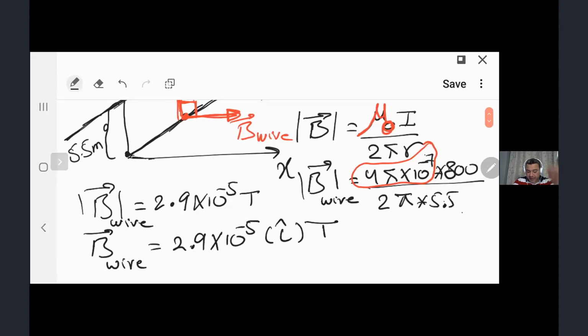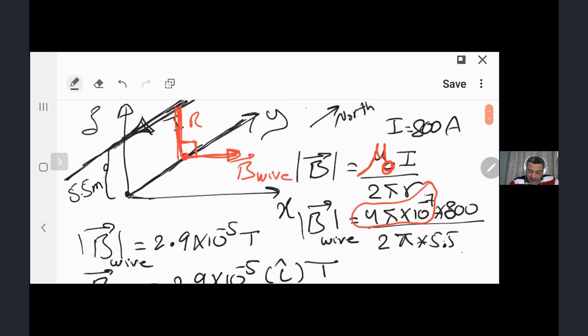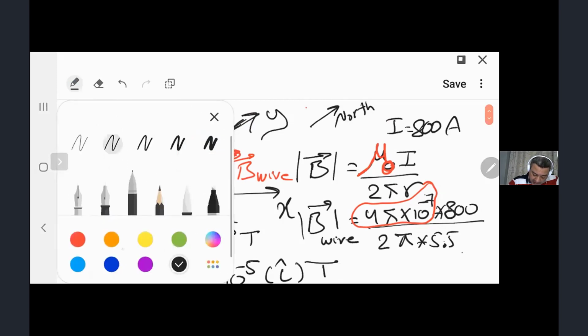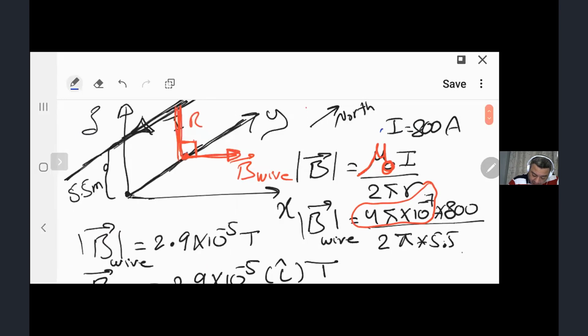Okay, so we found the magnetic field due to the wire right below the wire. And then he gave me the magnetic field of the Earth, and he said it's pointing north. So the magnetic field of the Earth at this point is pointing north. My north is along the positive Y, so this is the magnetic field due to the Earth.